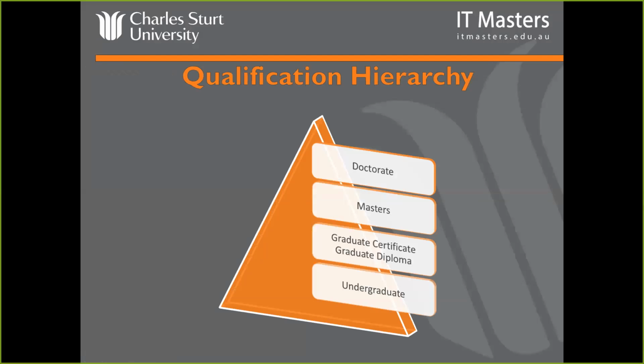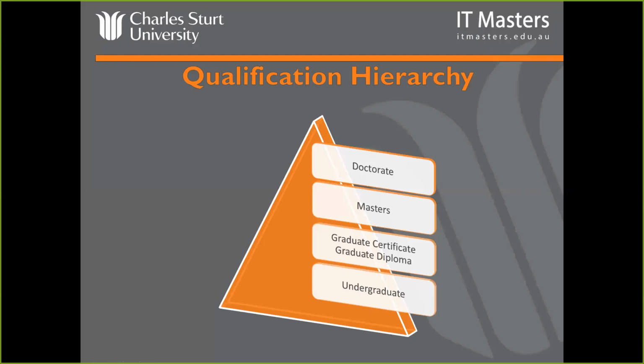Now, some of you may not necessarily know where a master's fits into the overall Australian qualification hierarchy. Just to give you the big picture, in terms of tertiary awards, at the bottom, still very important, are your undergraduate awards, your bachelor's degrees. Then we move up into graduate certificates and graduate diplomas, which are typically master's level content, but a smaller amount.